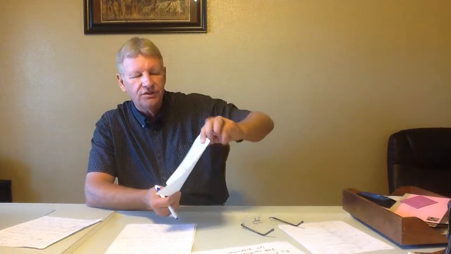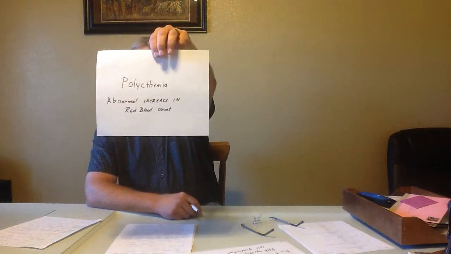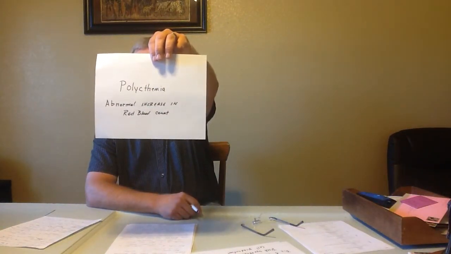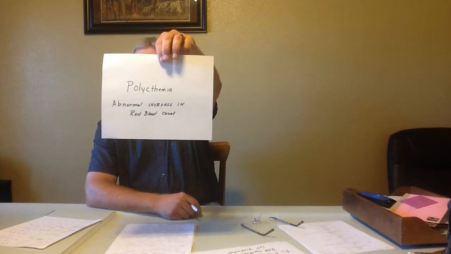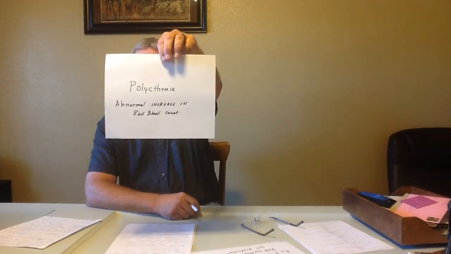Now, I also want to talk to you about an abnormal increase in red blood cell count. Polycythemia, P-O-L-Y-C-Y-T-H-E-M-I-A. That is an abnormal increase in the red blood count. A couple of these pages I put up to help you with the spelling. So once again, let's look at a couple of words here. See where it says anemia.